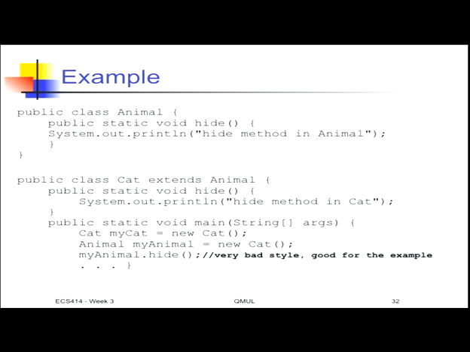And the type of myAnimal, remember, is on the leftmost side when we declare that object. So myAnimal is declared as an object of type Animal. Hence, myAnimal.hide will call the static method, the class method, in the class which is the type of myAnimal, which is Animal. Okay? So that is an example of hiding, type hiding for class methods.